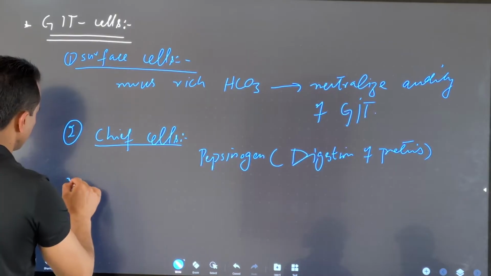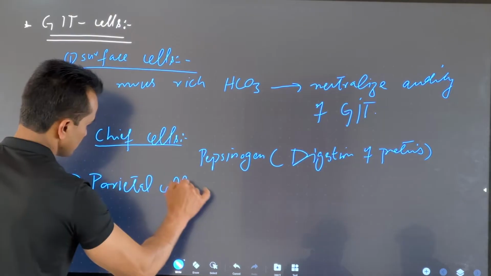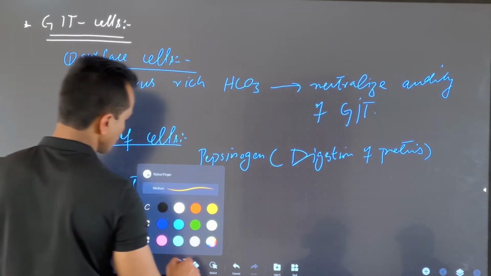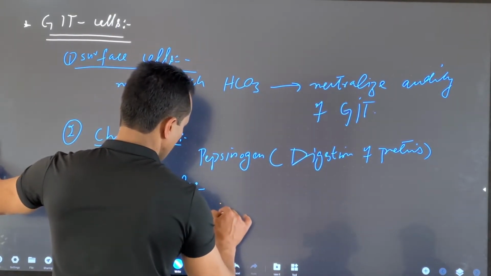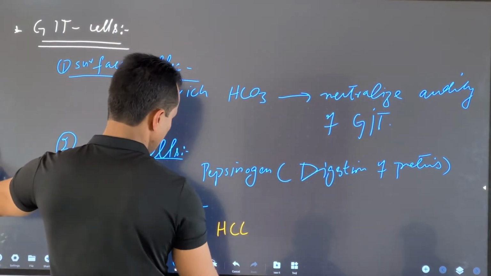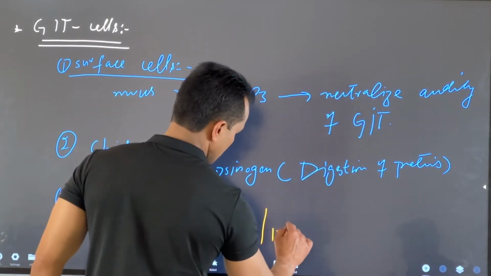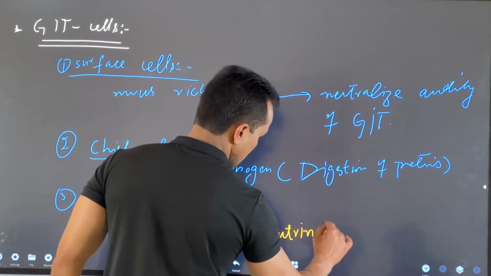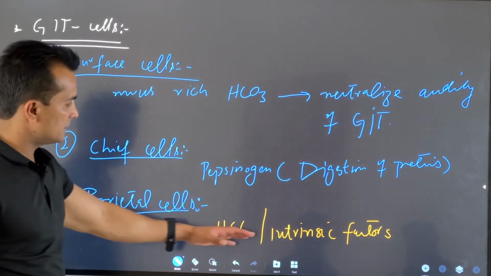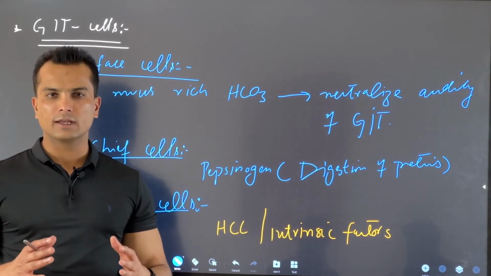Then number three, you have the very important parietal cells, and the parietal cells help in the production of gastric acid, HCl, and also the intrinsic factor. The purpose of this intrinsic factor is the absorption of vitamin B12, especially from the terminal ileum.